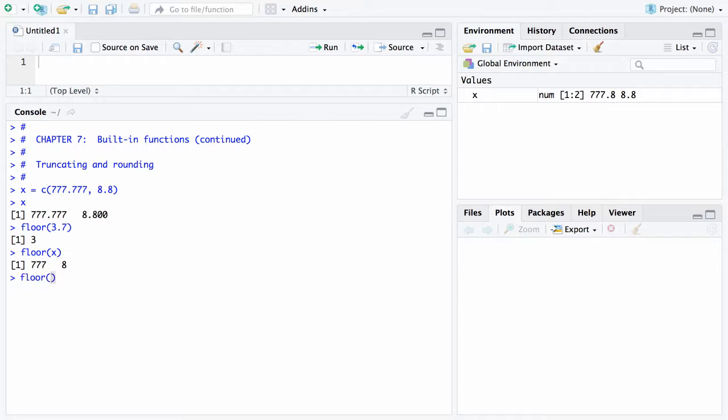Keep in mind that floor, when you hit a negative number, like negative 1.5, will always move to the left. That is, it's going to go down to negative 2. If you think of a number line, if you're between two integers, it will move to the left to the next lowest integer. If you were to say floor of 3, that will return exactly 3.